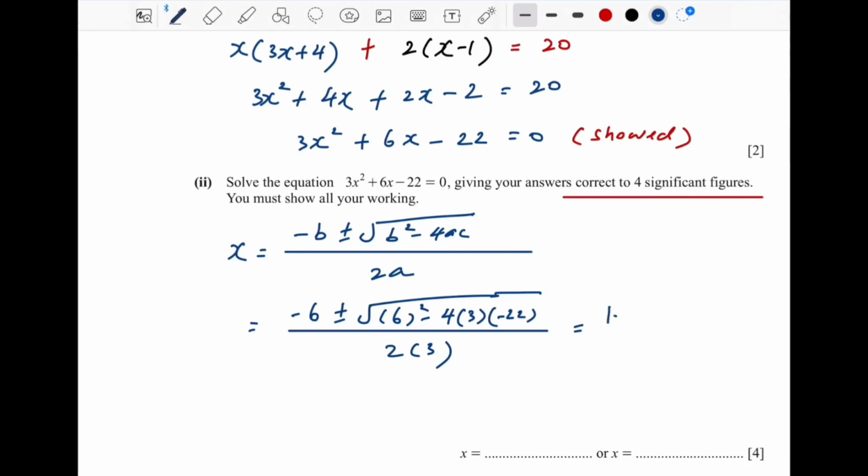So you have 1.88675. It's always safer to write more before you correct it. Now you correct it. So 4 significant figures, the final answer. Okay, full marks.